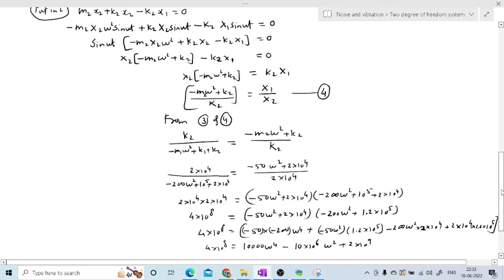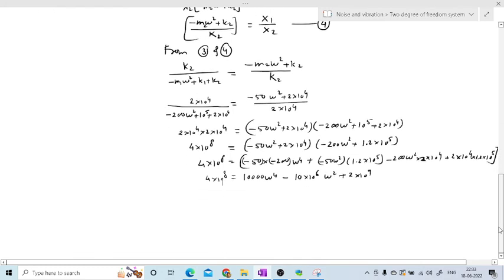Now to solve this equation, transfer this 4 into 10 raised to 8 to this side. So 0 equal to 10,000 omega raised to 4 minus 10 raised to 7 omega square plus 2 into 10 raised to 9 minus 4 into 10 raised to 8. Now solve this total term.